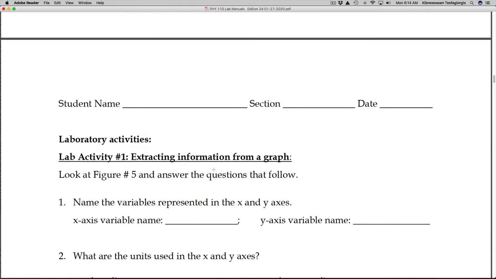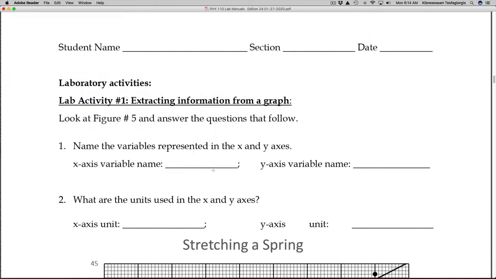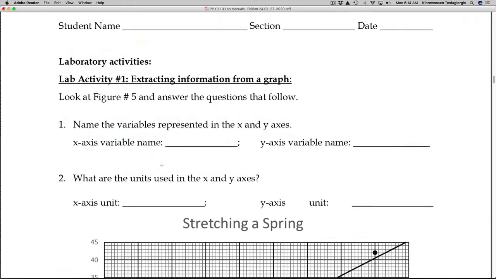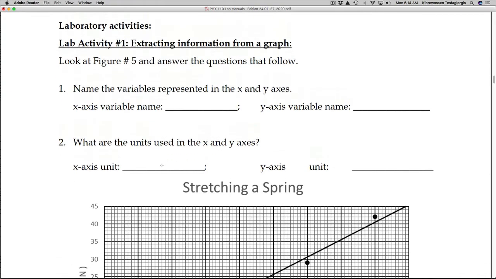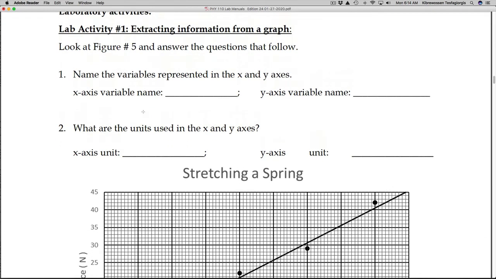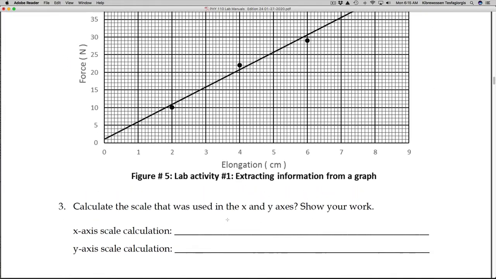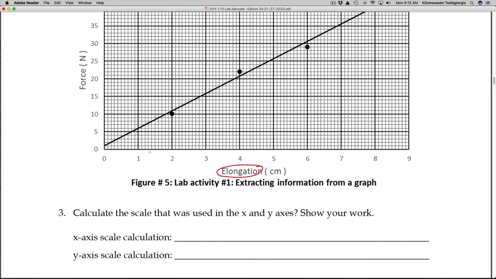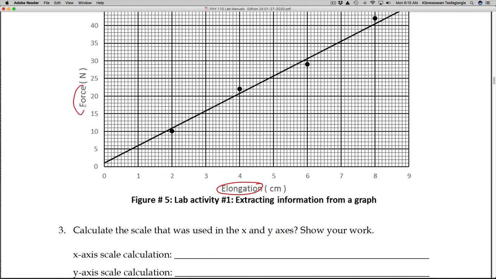Okay, having said that, in today's experiment, what are the things you will be expected to do? The first part is, as we said, you will be asked to extract information from the data. For instance, name the variables representing the x and the y axis. You look at the names: on the x-axis, this is the name; on the y-axis, this is the name.